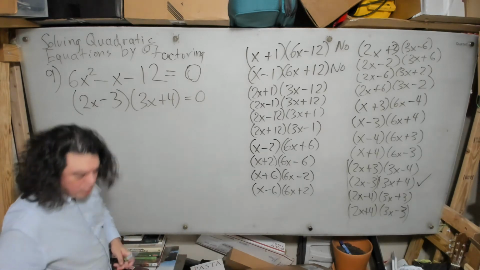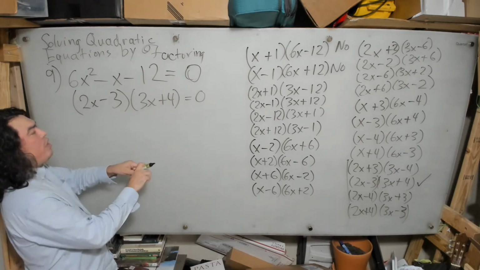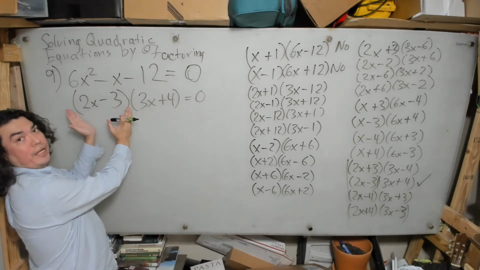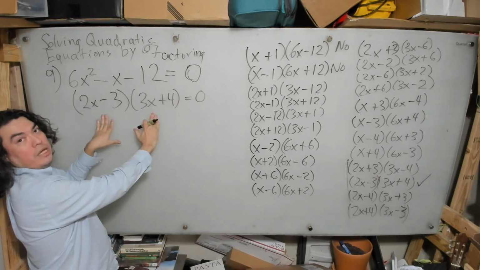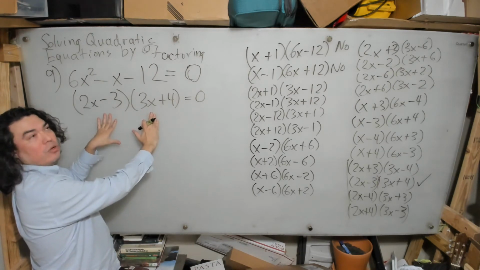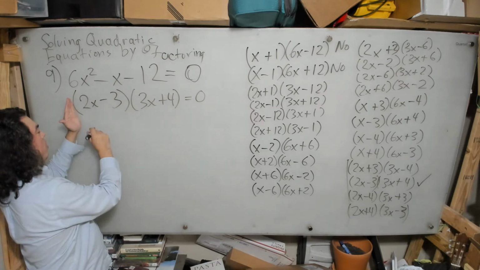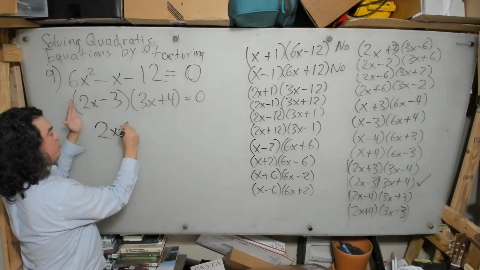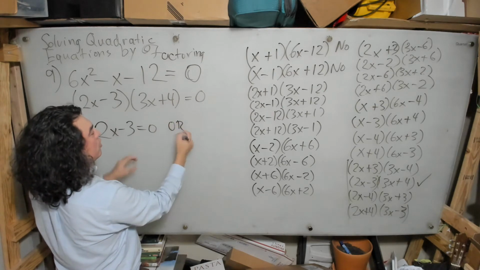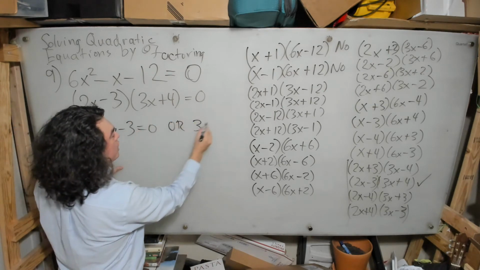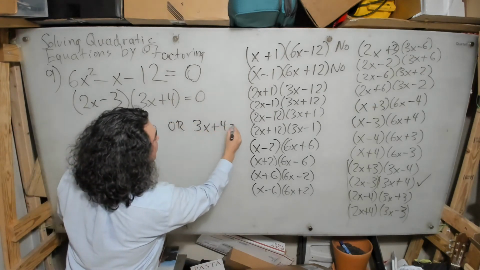We know that for any value of x, this will be a number, and this will be a number. So I have the product of two numbers, and if the product of two numbers is 0, then either this one is 0, so 2x minus 3 is equal to 0, or this one is 0, so 3x plus 4 equals 0.